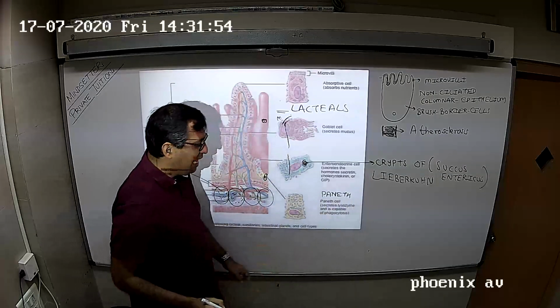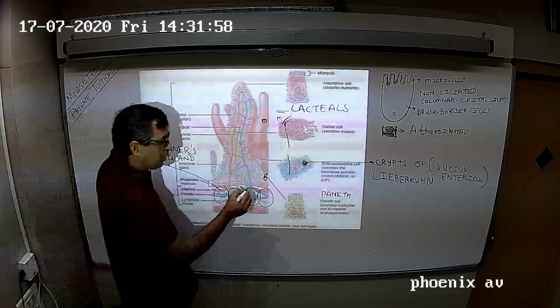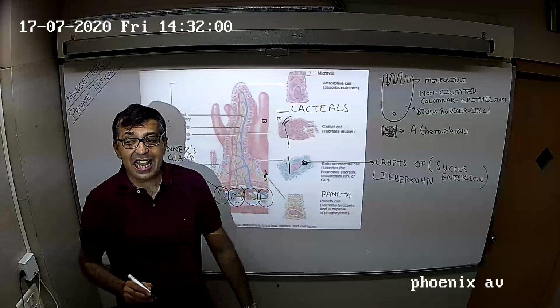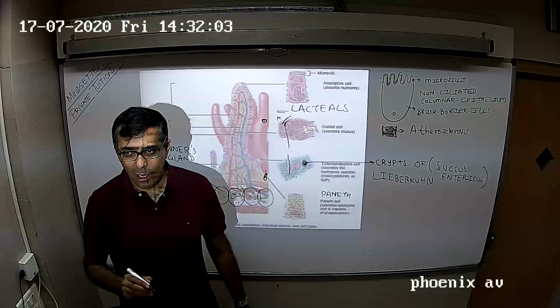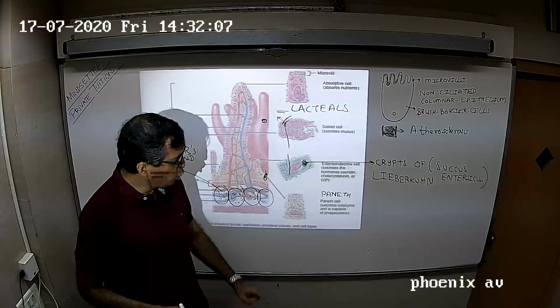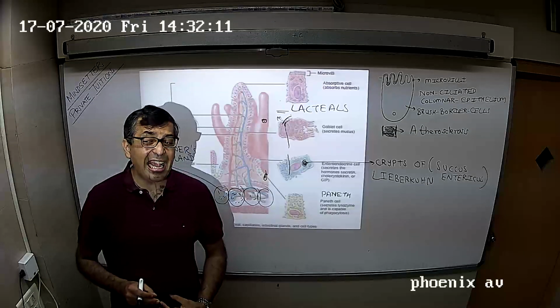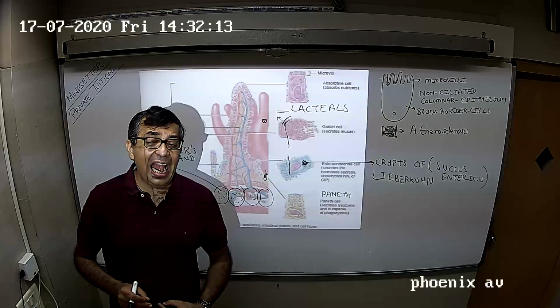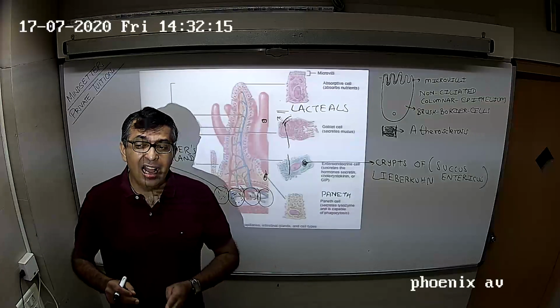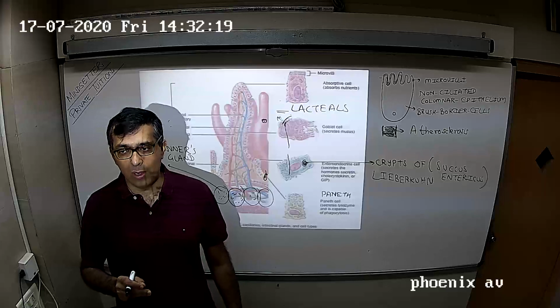And Paneth cells secrete lysozymes. Lysozymes are antibacterial chemical. So आपने फूड में कुछ भी बैक्टीरिया आया तो आपके Paneth cells of the intestine give out lysozymes which are antibacterial in nature and they kill the bacteria that have come along with your food.